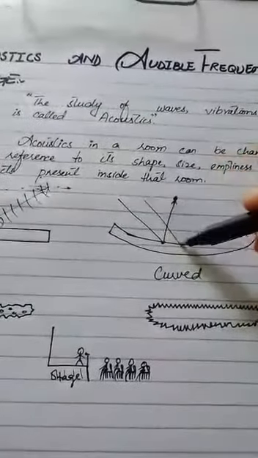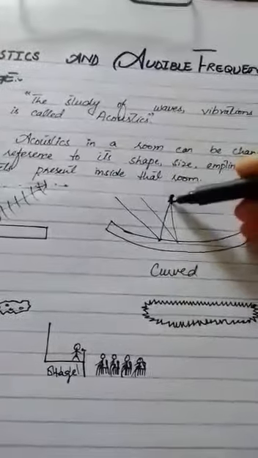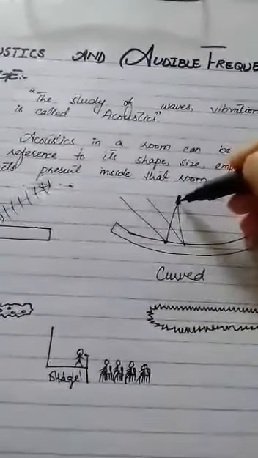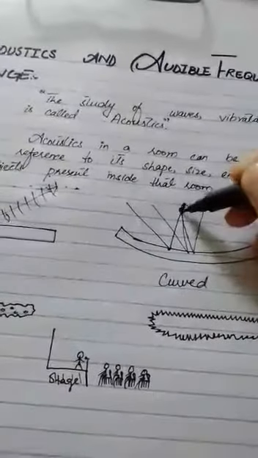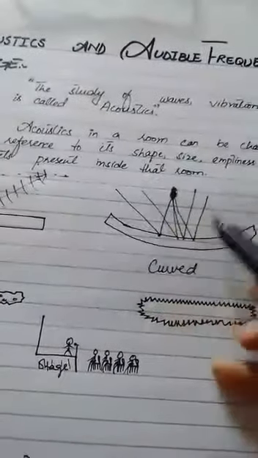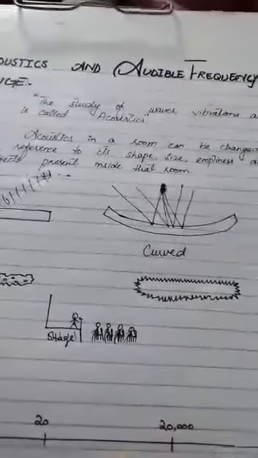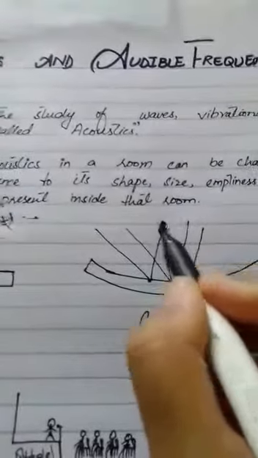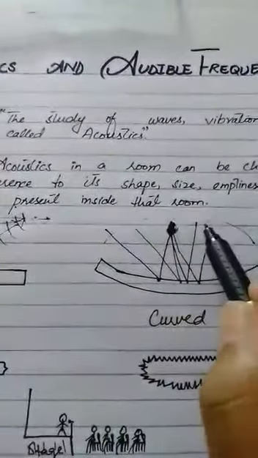Similarly, waves coming from other directions are reflected to the same point. So the sound would be maximum here, and in the rest of the areas there will be very feeble or very low sound.